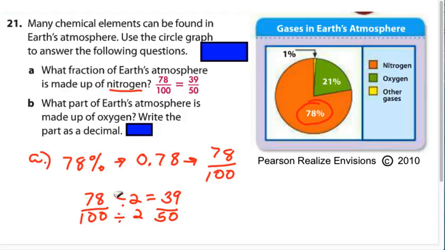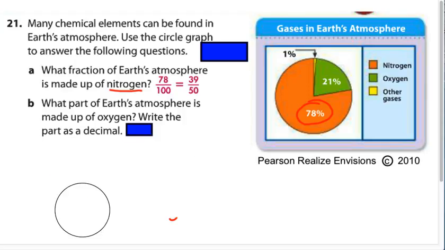And now let's see how you did with part B. All right, let's take a look at it. Part B, they wanted you to identify how much of the Earth's atmosphere is oxygen and then write it as a decimal. Well, 21% of Earth's atmosphere is oxygen, and the answer to this question would be 21%, or 21 hundredths.